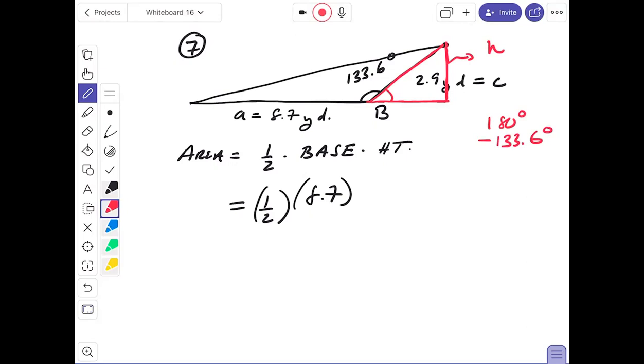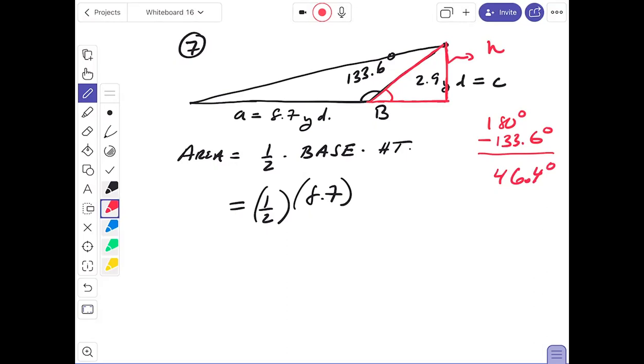I'm going to say 134, just round it up, but I'll get the right number. 134, you get 46.4. Let me see if that's right. Yeah, that's right.